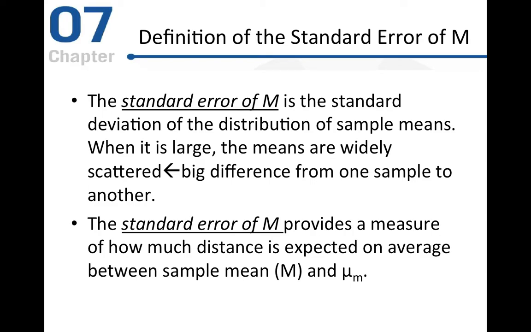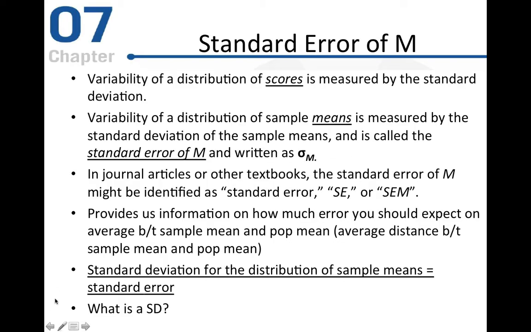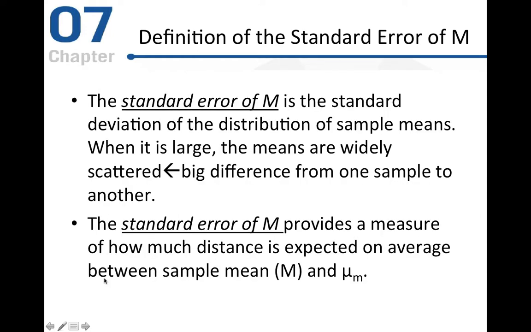So the standard error of the sampling distribution of means is the standard deviation of the distribution of means. We went over that definitionally with this point right here. When it is large, the means are widely scattered. What am I talking about when I say means? The sample means. So again, think about what we saw with standard deviation.